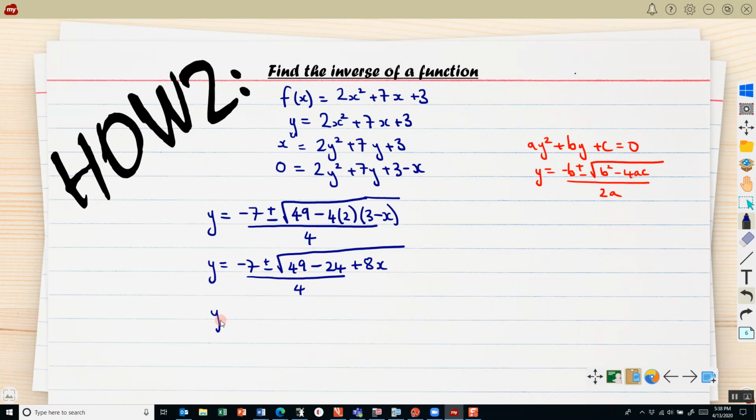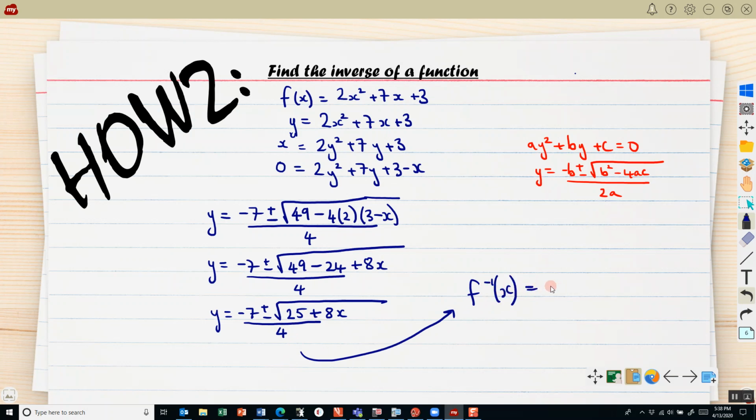And so when I tidy this up, I'm going to get negative 7 plus or minus square root of 49 take away 24 is 25, plus 8x, over 4. And to finish it off, I'll just do up here, change your y to the inverse function.